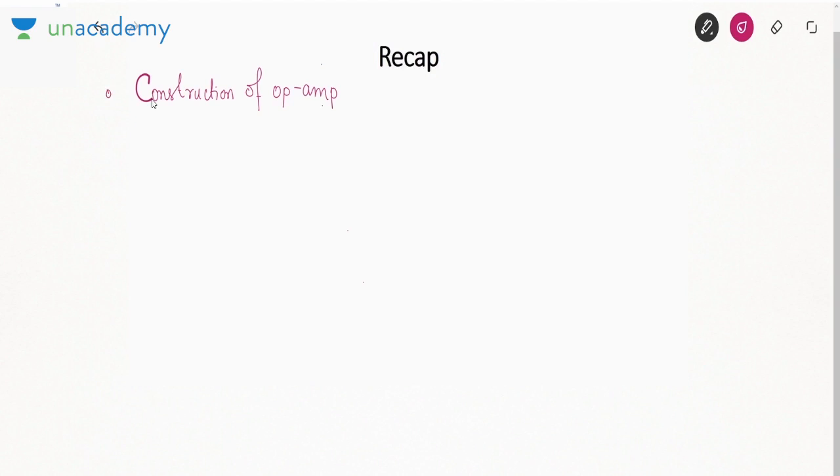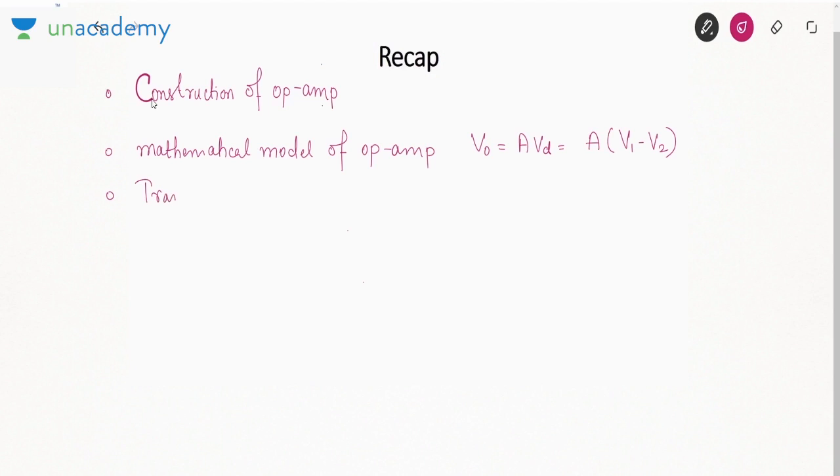And then I showed you the mathematical model of Opamp. In this mathematical model, I told you V0 is equal to A into VD, where this difference voltage was the difference of the non-inverting and the inverting input. But in that also we saw the transfer characteristics.